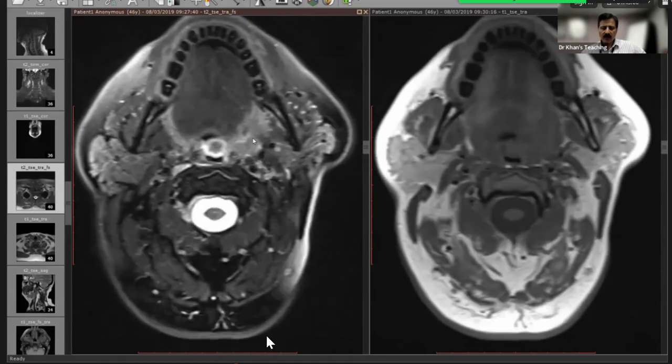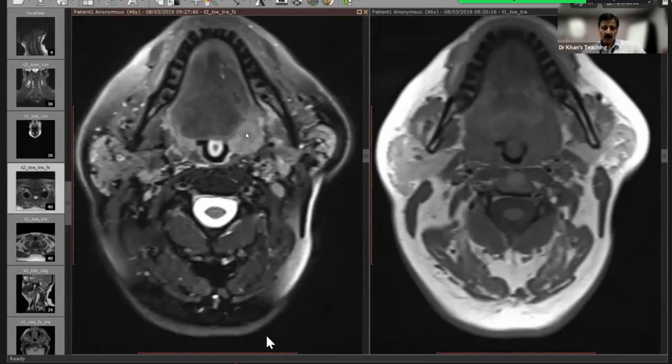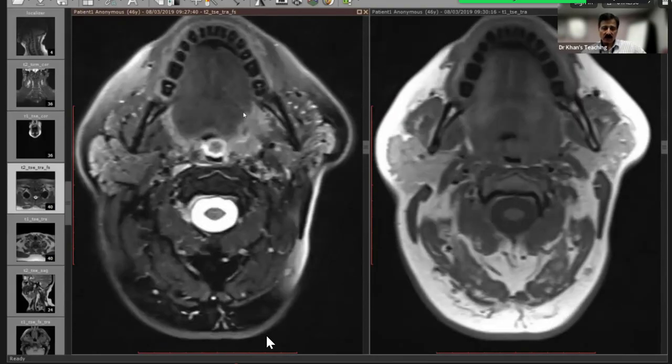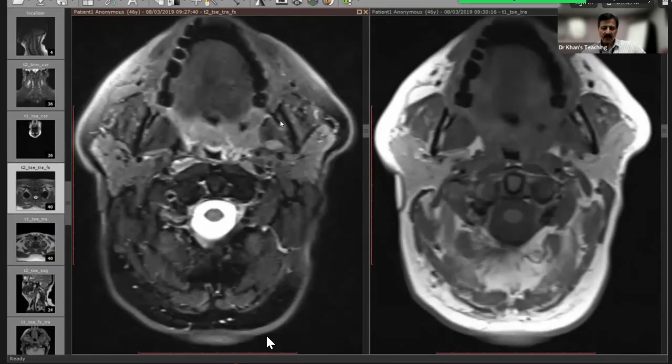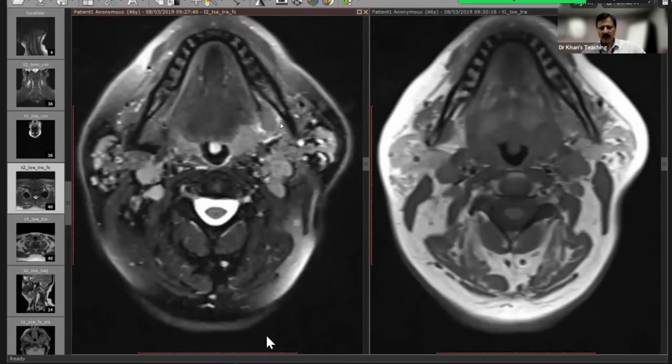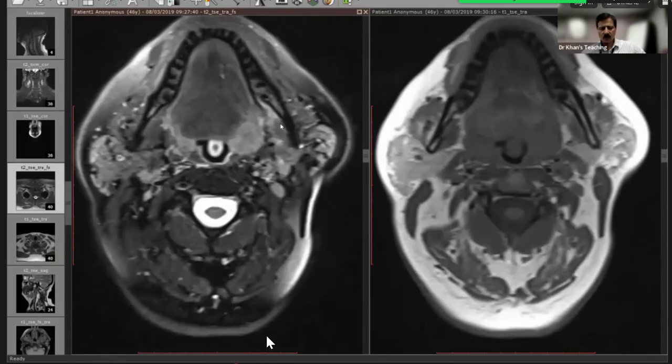And you remember the anterior pillar of the tonsil. And from there, the tumor has gone here.